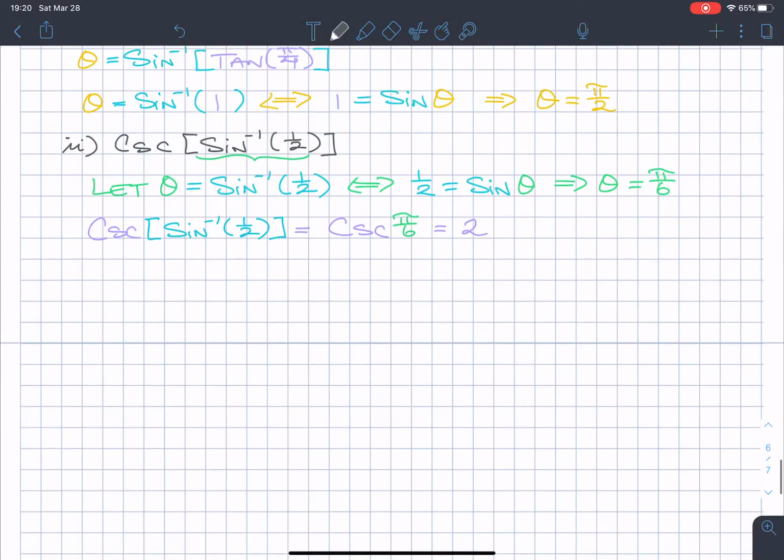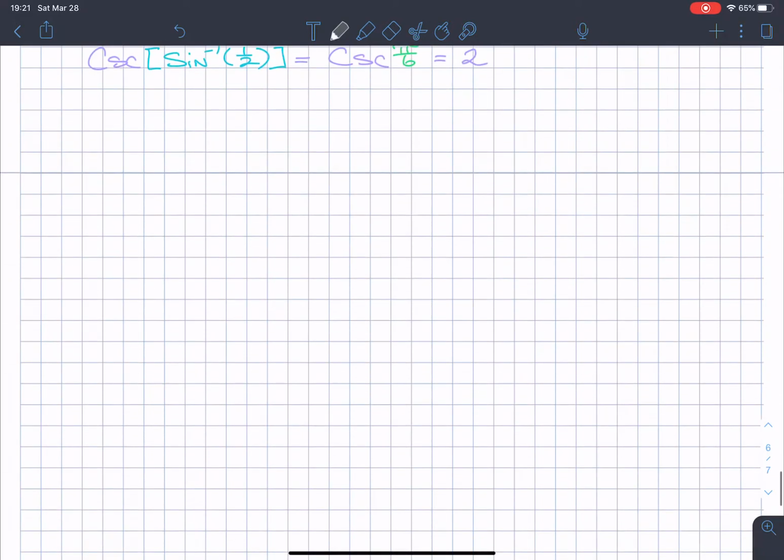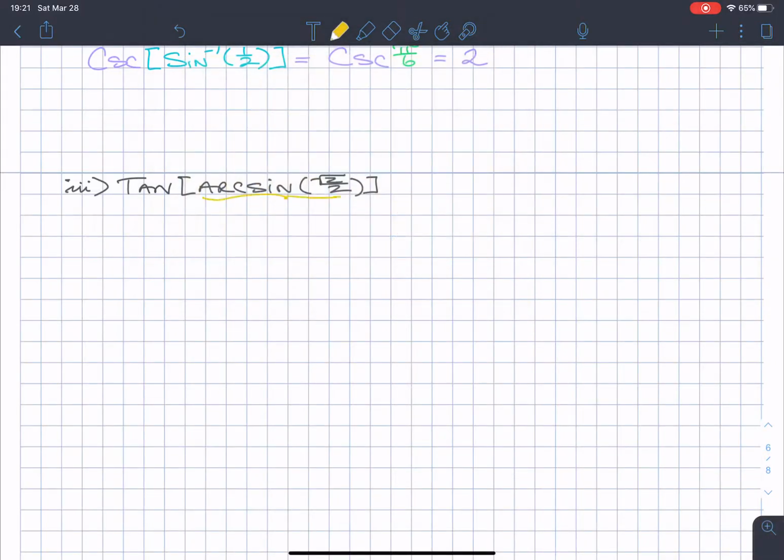Let's see. Do I have enough room? Maybe I should move down to the next page. So number 3. Let's say we have tangent of arc sine of root 2 over 2. Okay, so once again, I'm going to focus on the inverse.